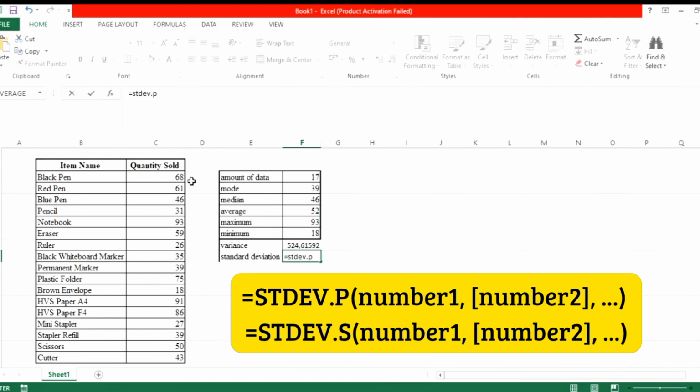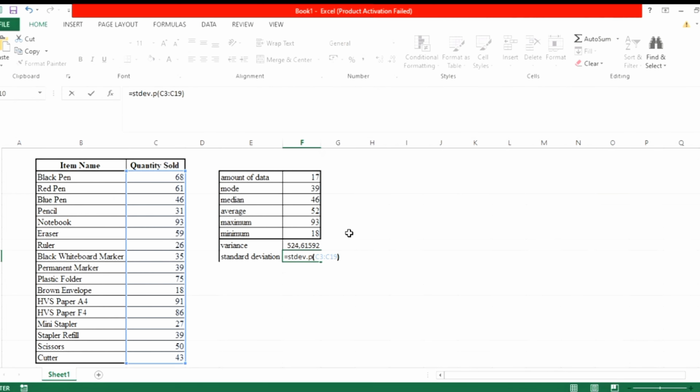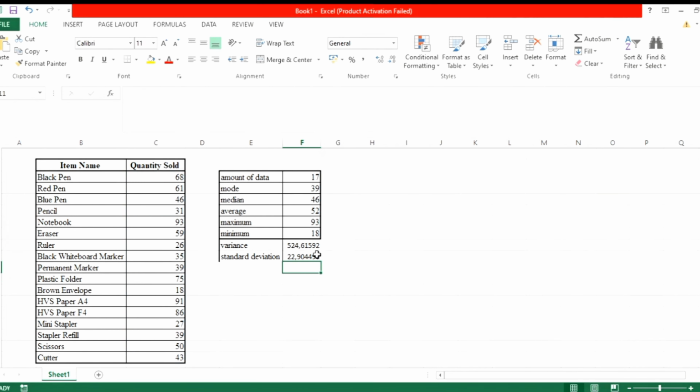Okay, because we have population, so we can use STDEV.P. Then open the parenthesis, we plug the data again, C3 to C19, close the parenthesis and enter. So the value is this, like that.